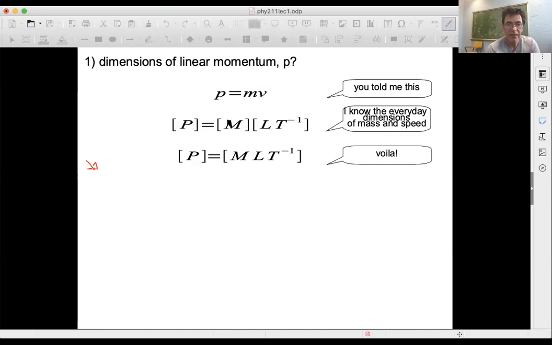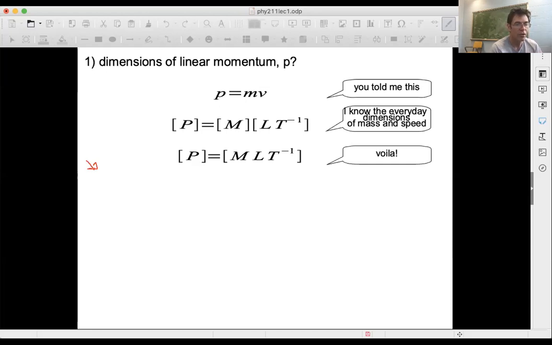The uppercase M here, I mean to specifically mean the dimension of mass. So one of them means a quantity of mass, the little m, and the big M, I'm specifically thinking about that dimension of nature I mean by mass. So I am distinguishing between the two of them in this solution.